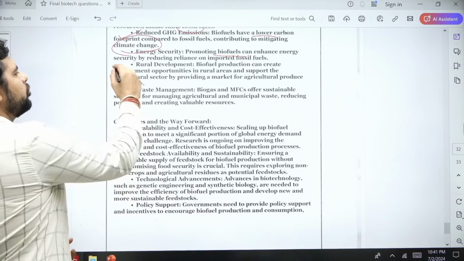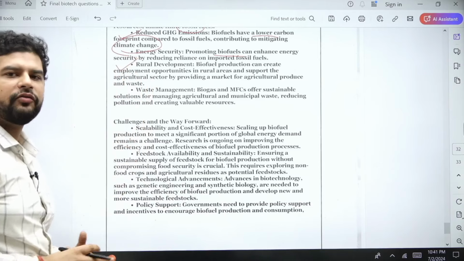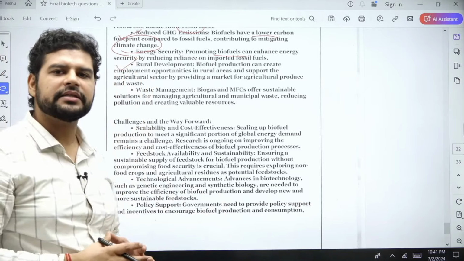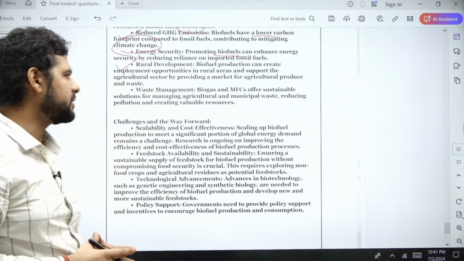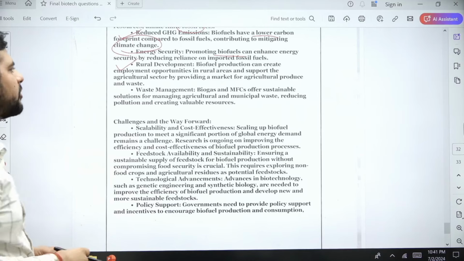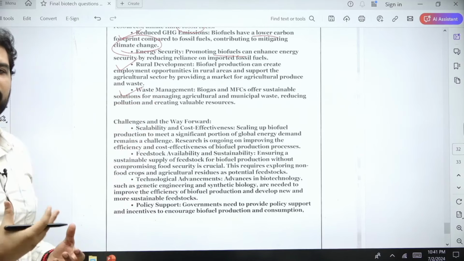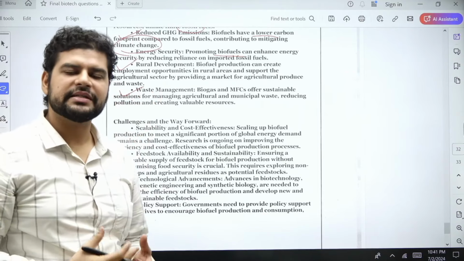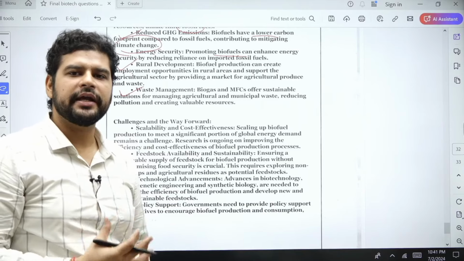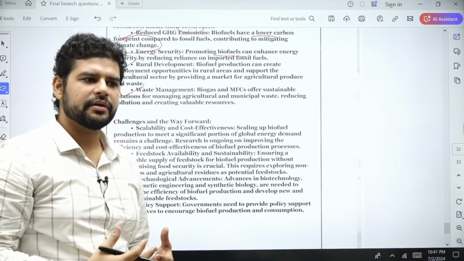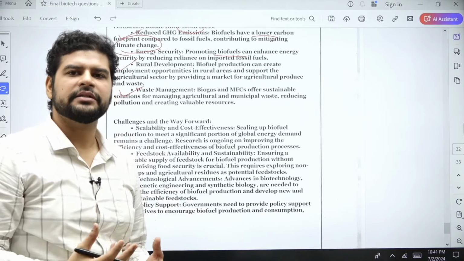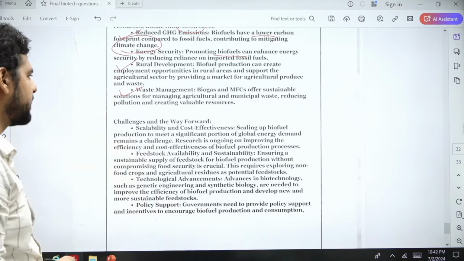It will lead to rural development because biofuel production can be increased in rural areas faster than urban areas because of the availability of raw material. Waste management, of course, biogas production, microbial fuel cells, they can be used to create, let's say, renewable gases from waste that is organic.